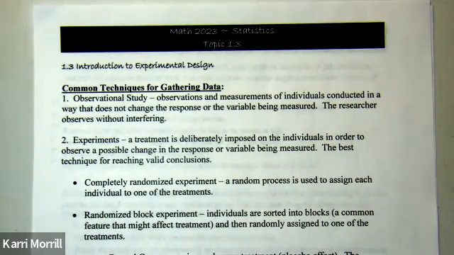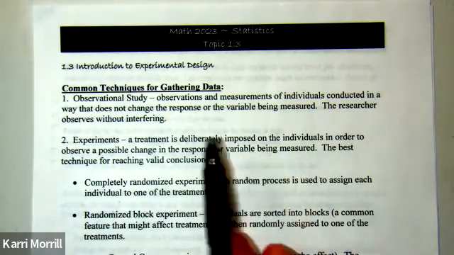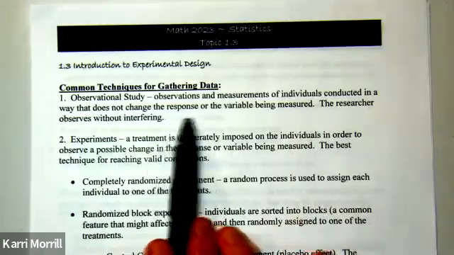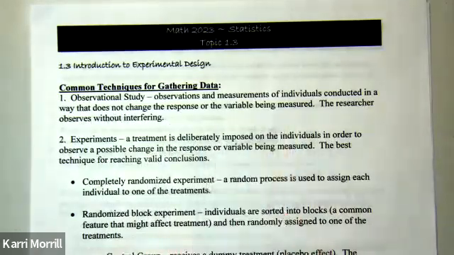So, common techniques for gathering data. One way is to observe, like an observational study. So we just make an observation and the researcher is not interfering whenever they're observing. These are observations and measurements of individuals conducted in a way that does not change the response or the variable being measured.